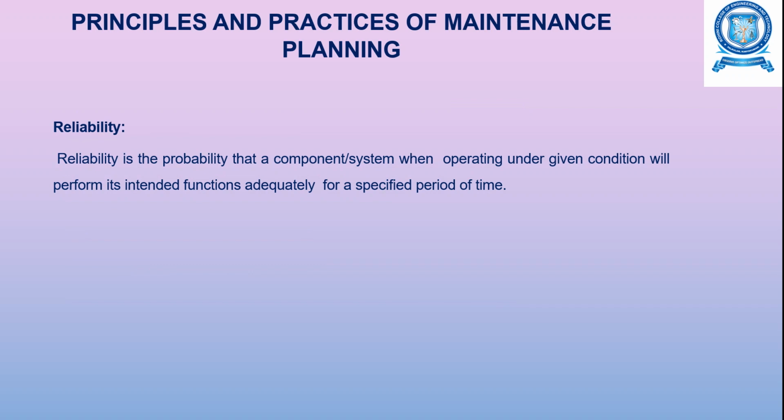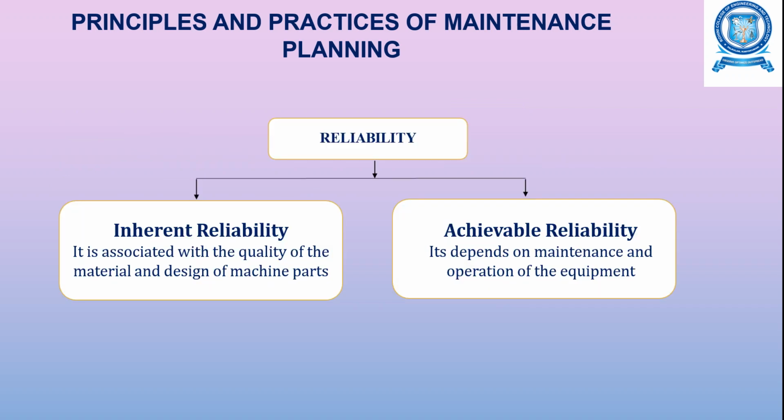So that is the reliability. And reliability, actually it is classified as inherent reliability and achievable reliability. So coming to the inherent reliability, it is associated with the quality of the material and the design of the machine parts.